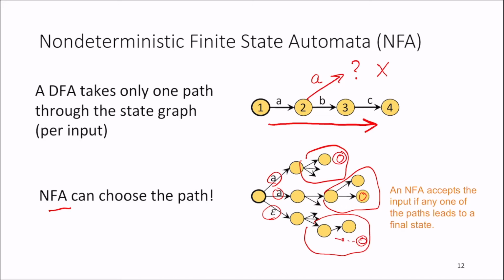So if any of these paths ends in a final state, then we have to say that it accepts the string. So it's non-deterministic in the sense that it explores this entire state graph, and if any path leads to a final state, then it should accept the input string.